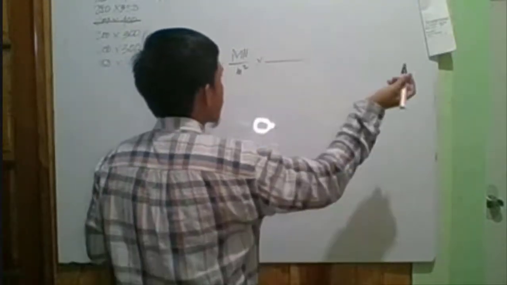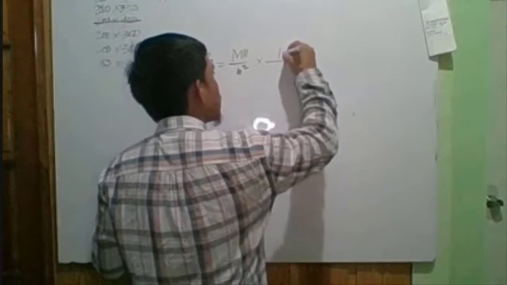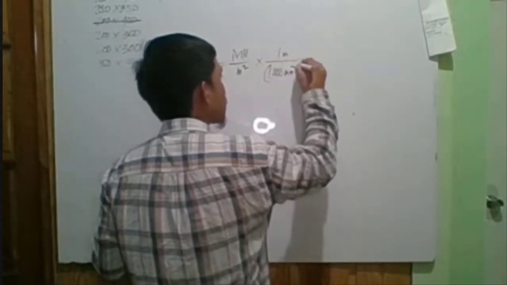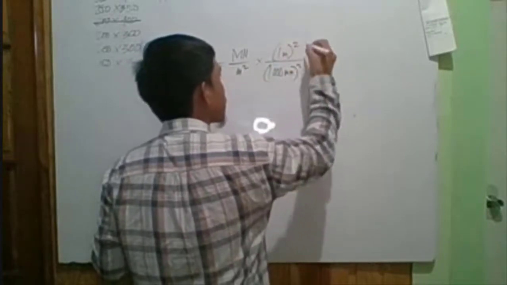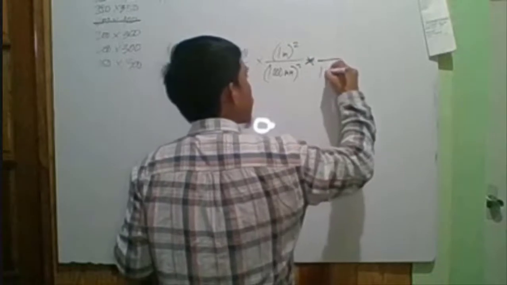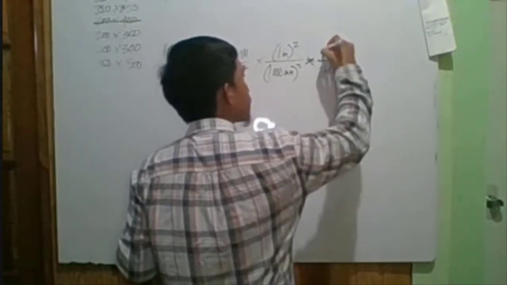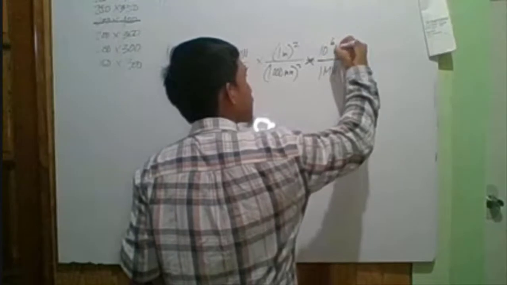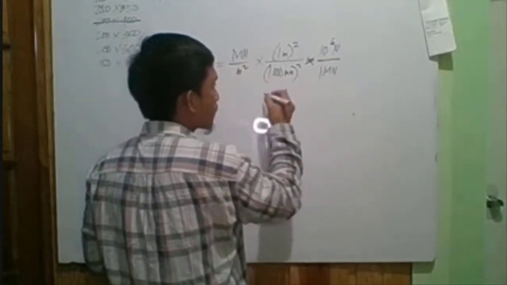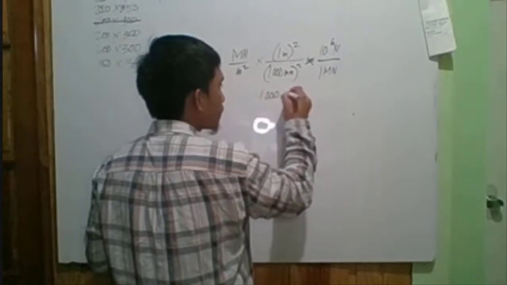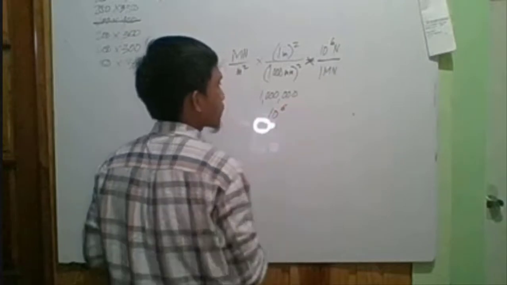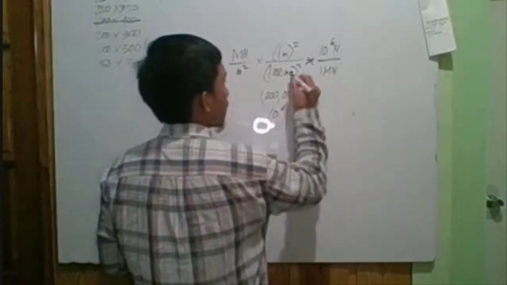This is a simple conversion, guys. So 1 meter is 1000 millimeter. Do not forget to square that one, since we are converting squared meter. And then multiply by 1 meganewton, which is 10 raised to 6 Newton, that is mega, isn't it? 1000 squared will be 1 million, or that is equivalent to 10 raised to 6 mm squared.